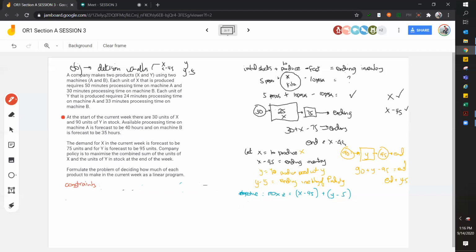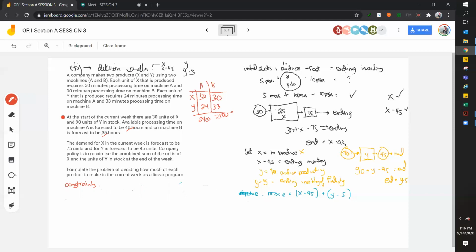So again, dun sa table, titingnan natin. I have XY. I have AB machine. 50, 30, 24, 33. Tapos ito ay 40 and 35, which is 24 and then 2,100. Okay? Questions?